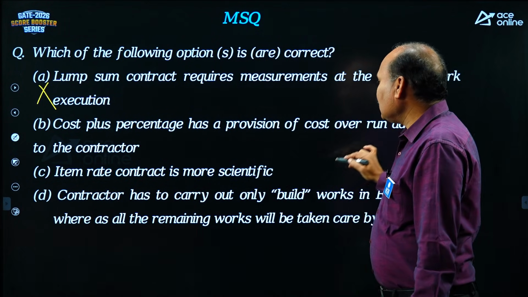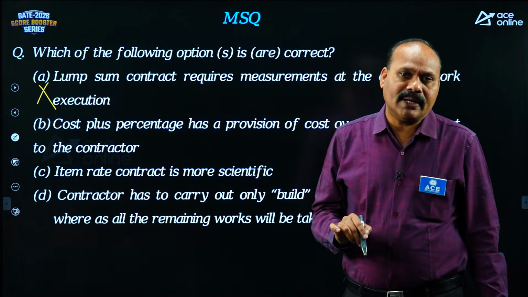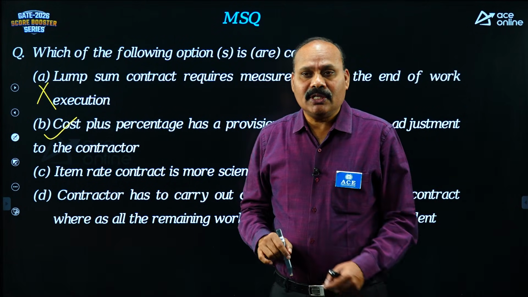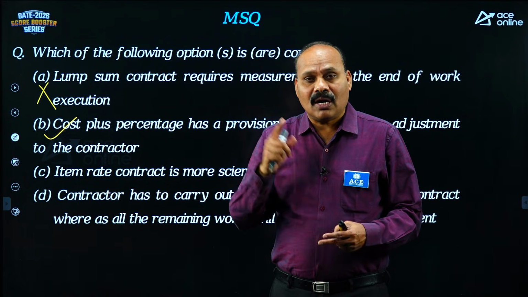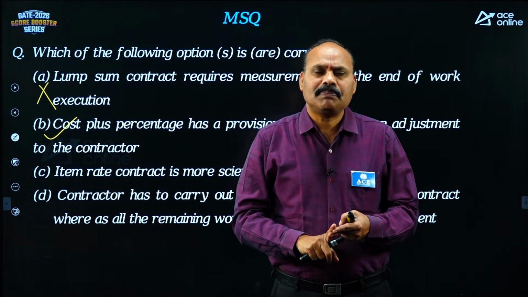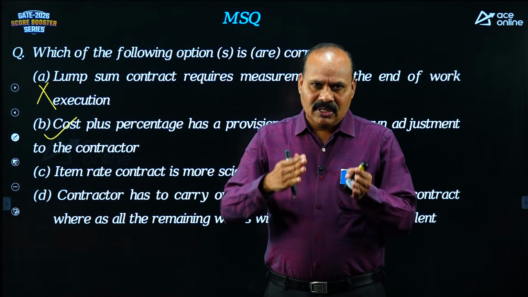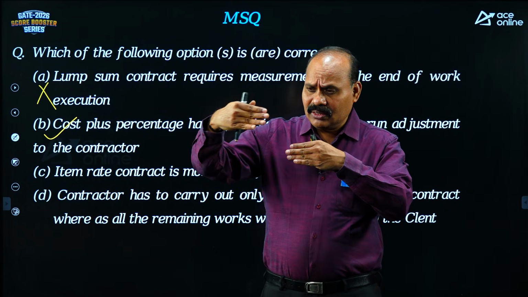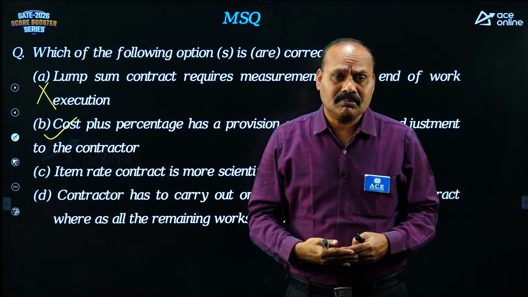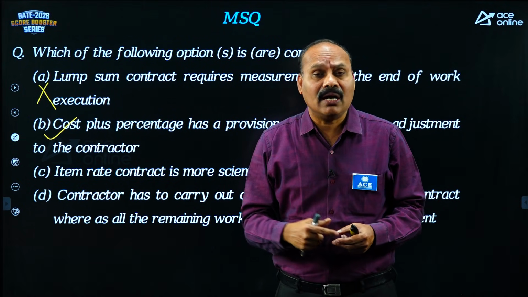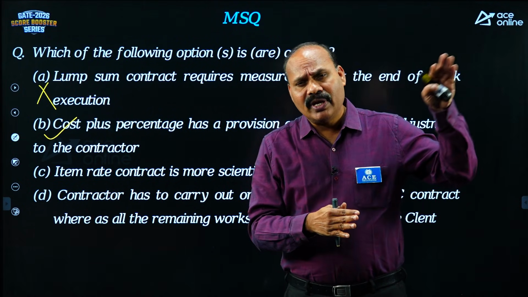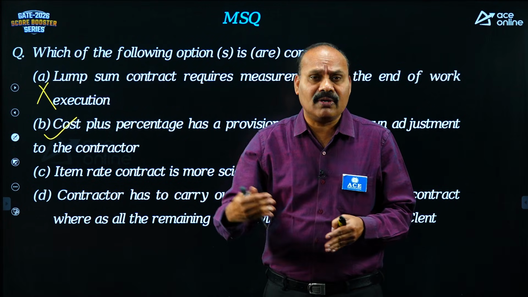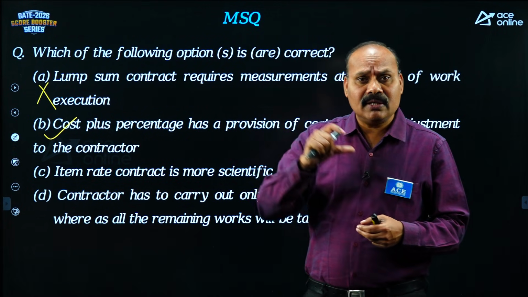Cost plus percentage, as a provision of cost, is an adjustment to the contractor. This is correct. Actually, in case of cost plus percentage, there is an advantage. Even while the contractor is executing the work, the estimation may be on the higher side, because the works are basically emergency and urgent works, where you cannot find estimations in the beginning and there is no time for a detailed project report.